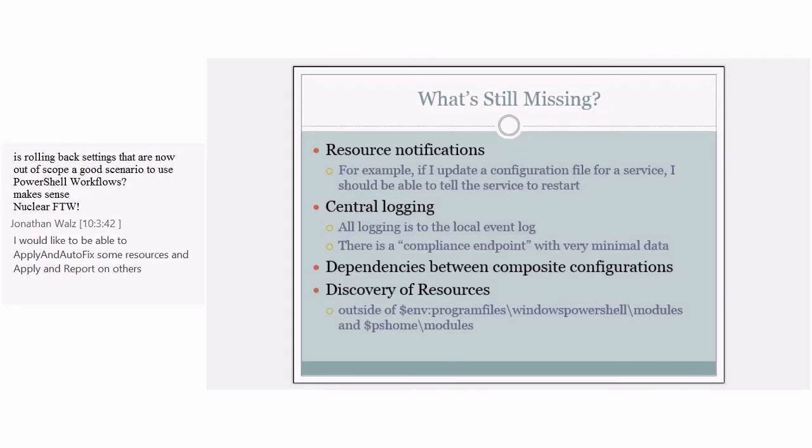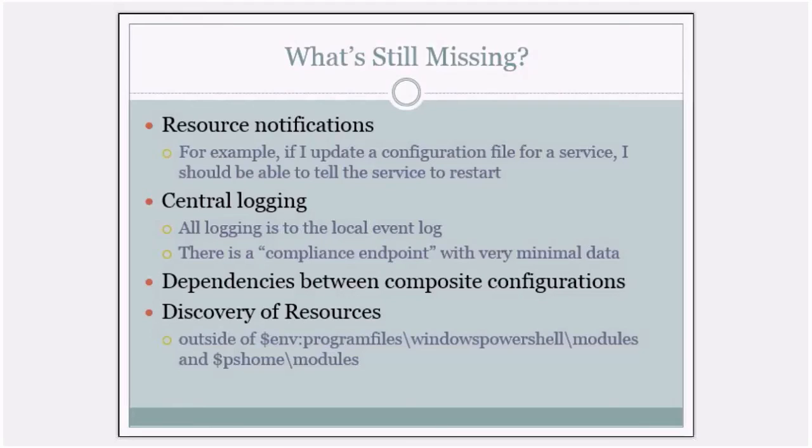That for dependencies, there was an issue with composite configurations and dependencies. With dependencies, I can say my resource depends on this other resource, and if that other resource doesn't succeed, mine won't run, and mine won't run until after that one succeeds.